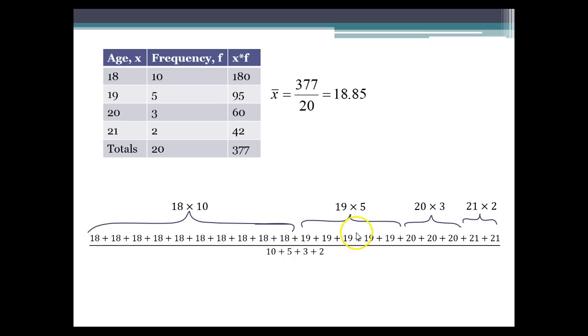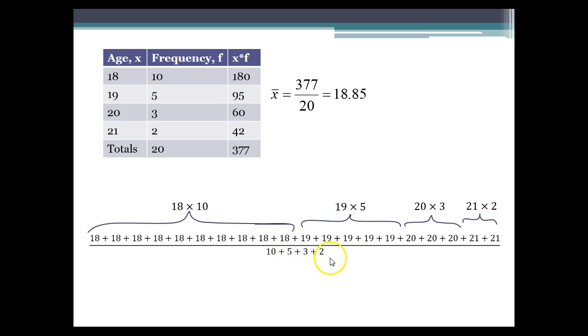So if we were to try to compute the mean using the regular old sum of X divided by N, we'd write out 10 18-year-olds and add those up. But another way of saying 10 18-year-olds is 18 times 10. Another way of saying 5 19-year-olds is 19 times 5. And here, 20 plus 20 plus 20 collapses to 20 times 3, and here 21 times 2.